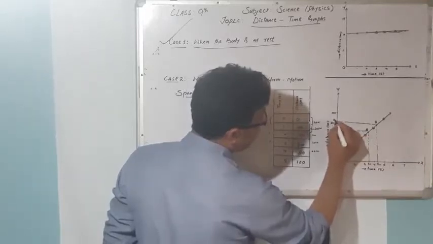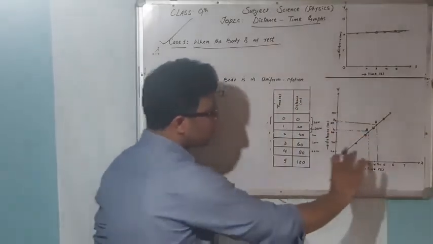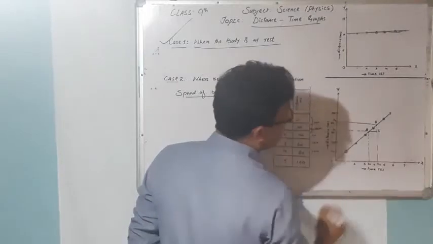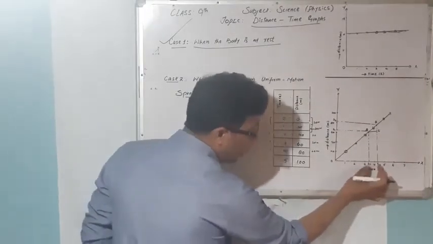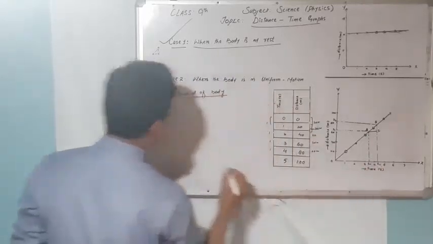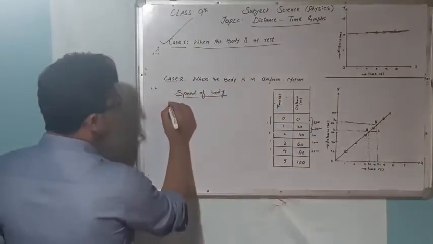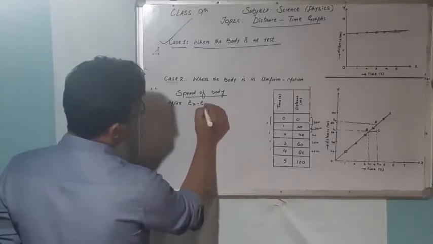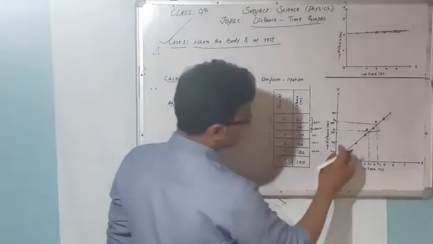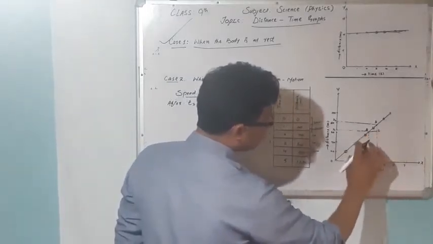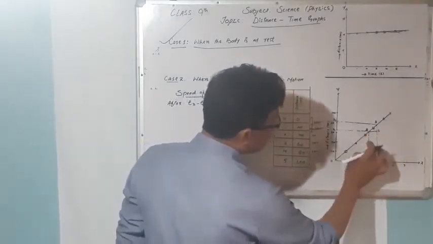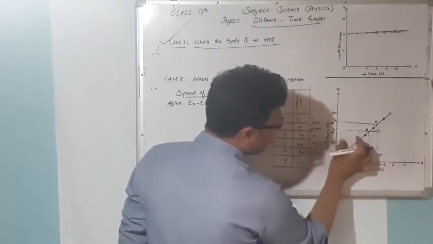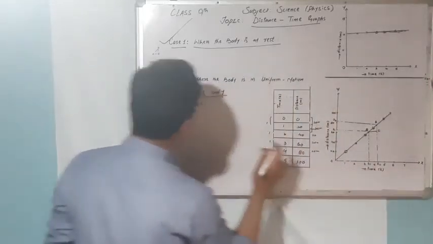Now after the time interval t2 minus t1, that is, after t2 and t1, what will be the distance covered?